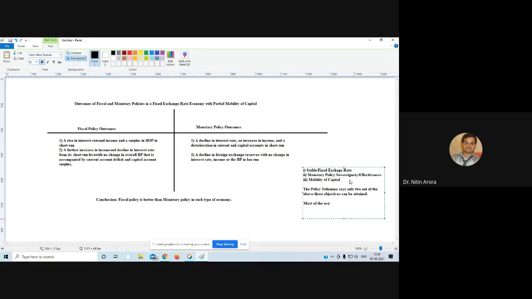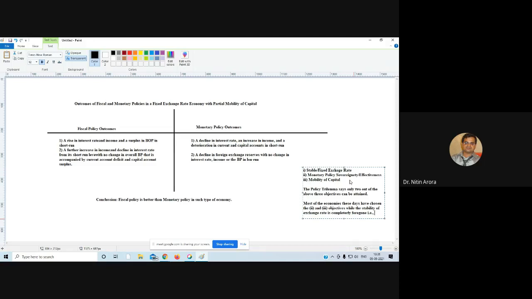Most of the economies these days have chosen the second and third objectives, while the stability of exchange rate is completely foregone.